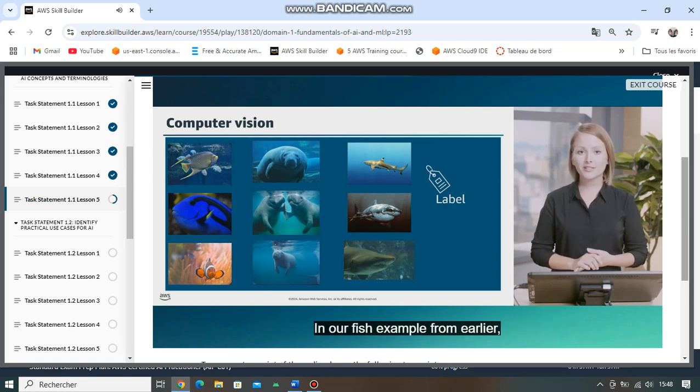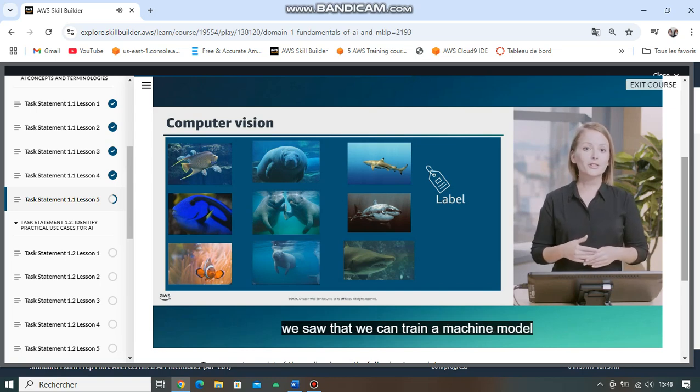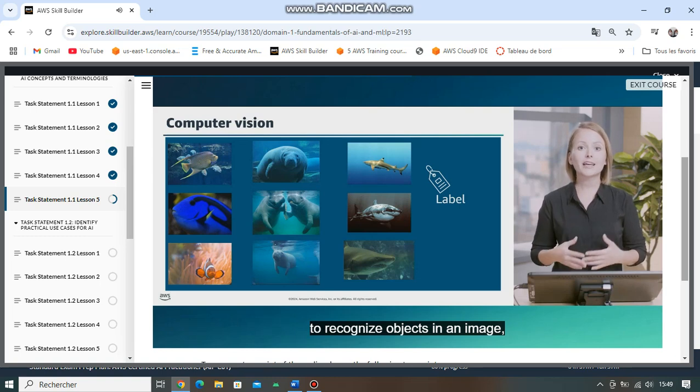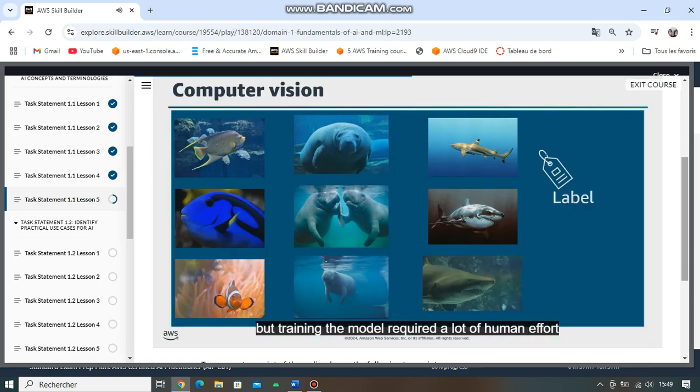In our fish example from earlier, we saw that we can train a machine learning model to recognize objects in an image. But training the model required a lot of human effort to label thousands of images. This is the way that image classification, object detection, and other forms of computer vision have traditionally operated in the past.